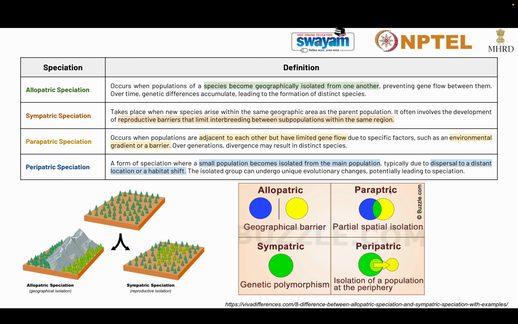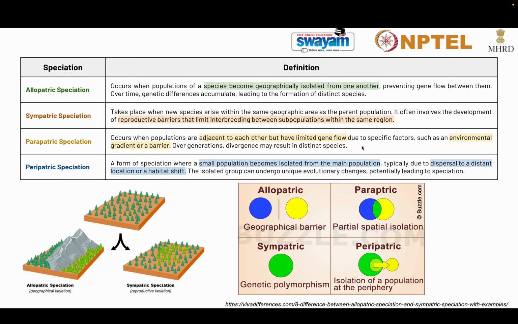Similarly, parapatric represents only a smaller fraction, whereas in sympatric this fraction is greater. So both are present in the same geographical region, whereas the others are present in different geographical areas due to the barriers created between them.